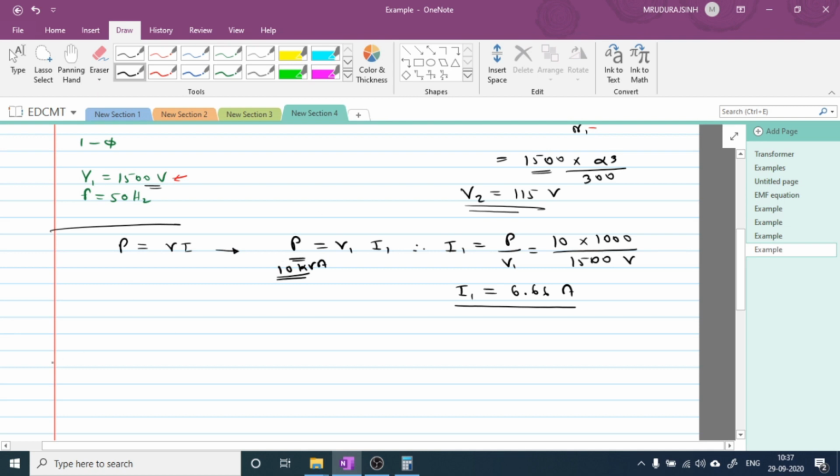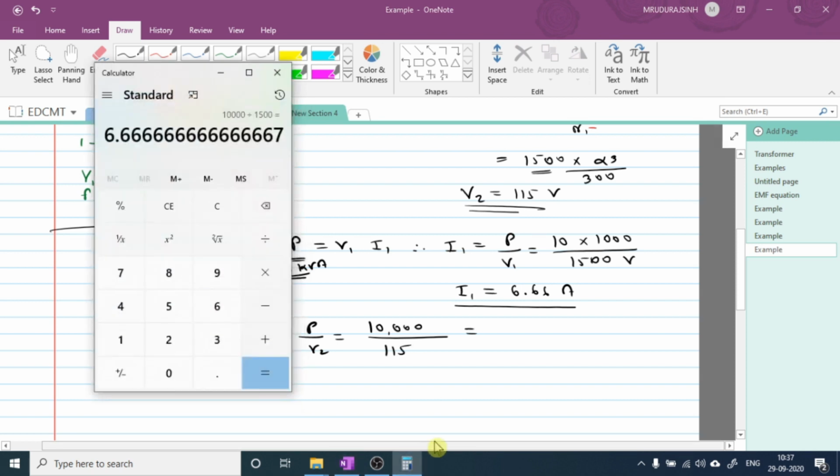Now go for P is equal to V2 into I2. So I2 is equal to P divided by V2. So we'll directly write this thing into VA. So 10,000 VA divided by V2 is 115, and that gives us 10,000 divided by 115.